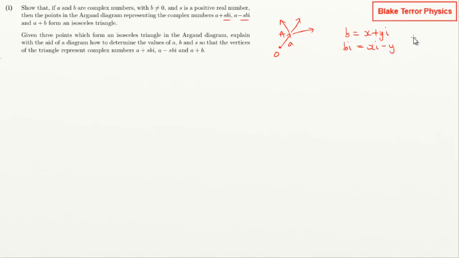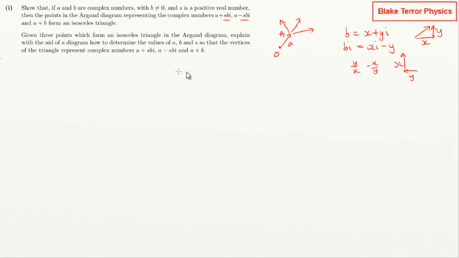We've gone from the vector (x, y) to (−y, x). Is that perpendicular then? I think so, because if you do the gradients, the gradient of the first one is y over x, and the gradient of the second one is minus x over y.